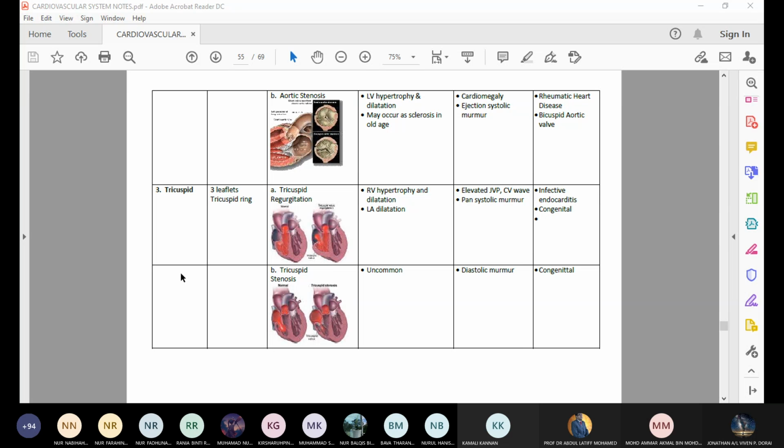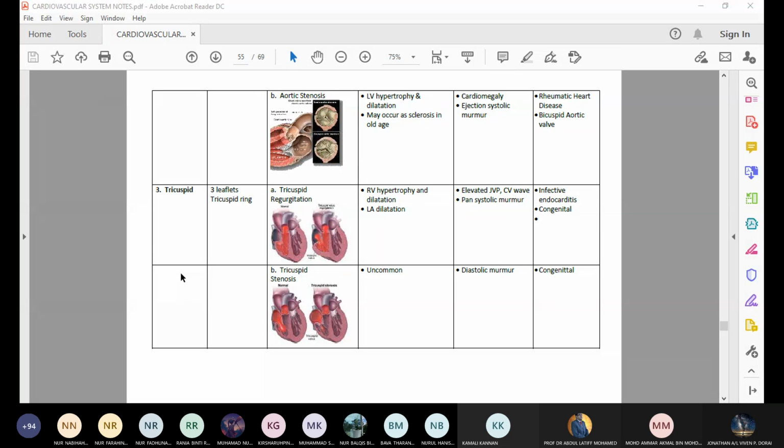Okay, when bacteria enters the circulation and goes to the heart, and because there is turbulence of blood, then the bacteria can land on the valve and cause further damage. This condition is called infective endocarditis.